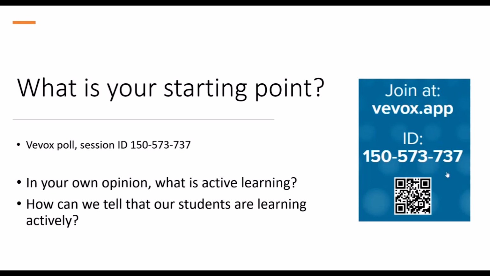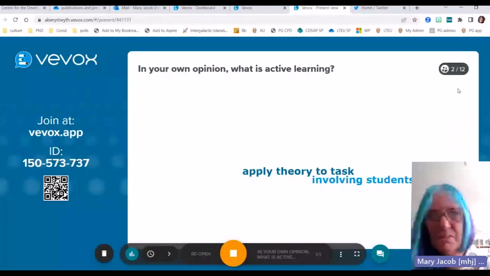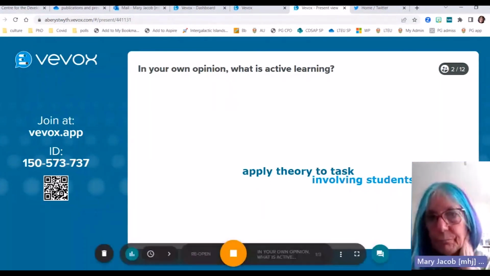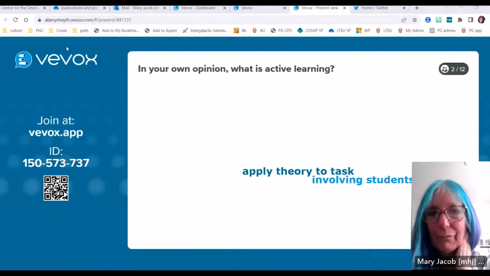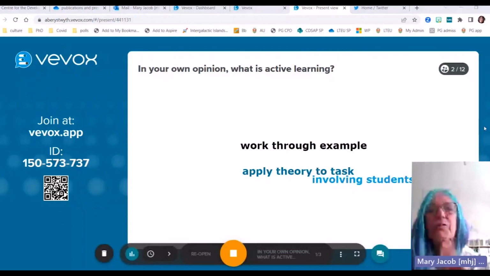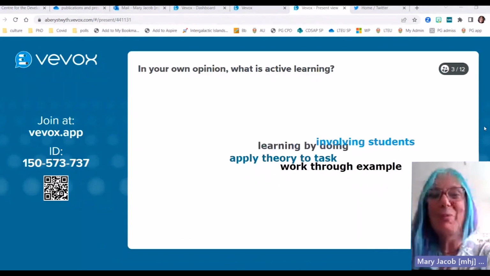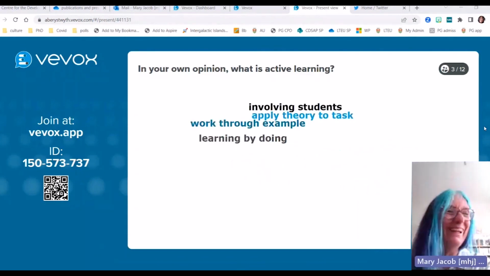So this is the Vivox poll. Fantastic. I'm so happy to see you putting your own answers there. Just what is it to you? What does it mean to you? Applying theory to task involving students, working through an example. That's a really good example. Yep, learning by doing.